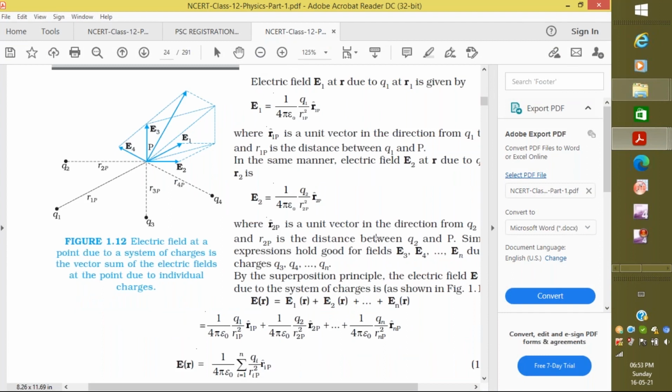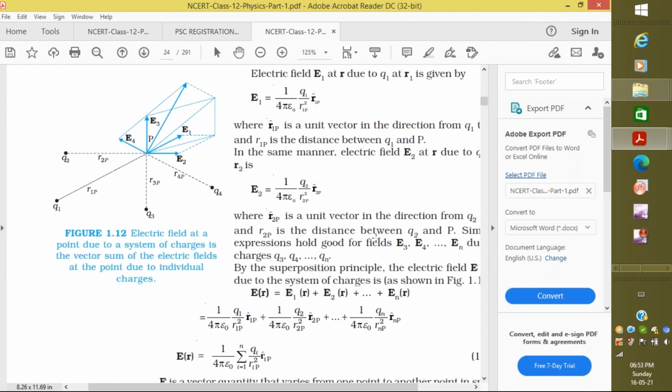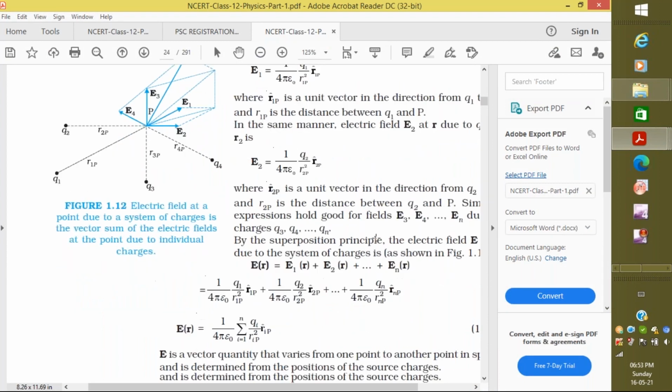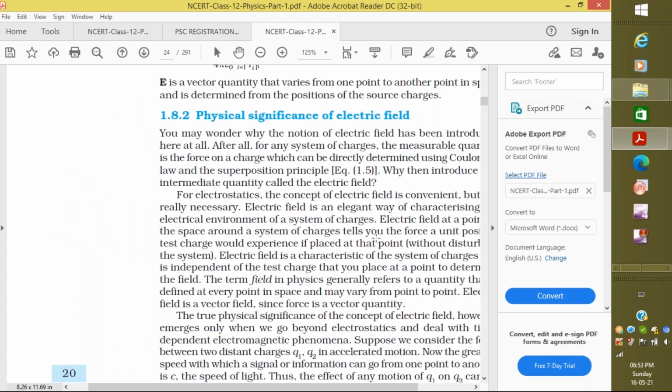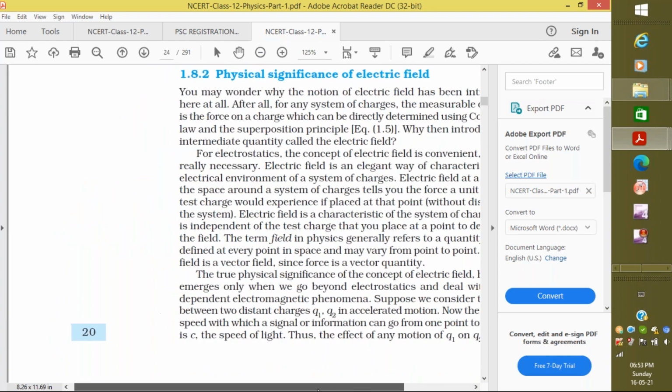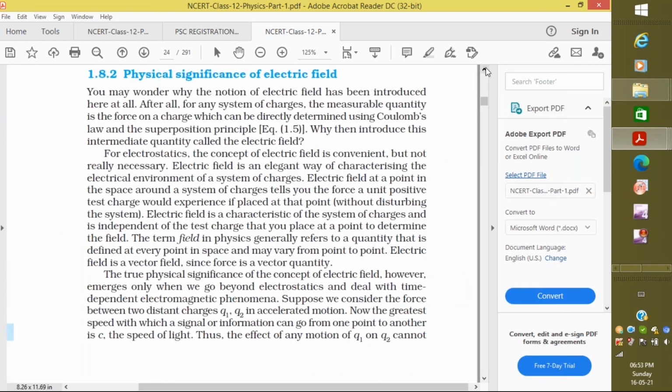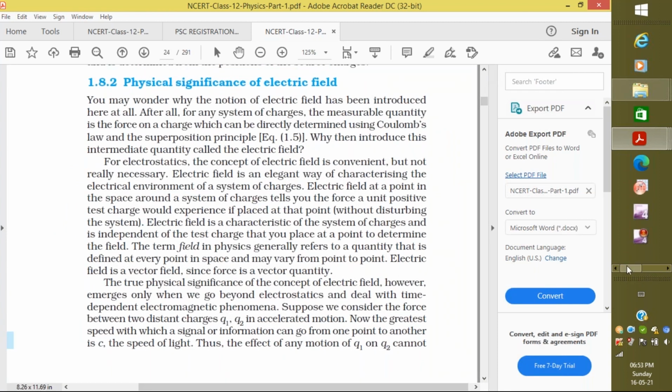Now we'll just discuss the physical significance. Then we'll take a few numerical examples from your book. Then we'll stop. So what is the physical significance of the electric field? I'll just go to the presentation again. So you can look here.